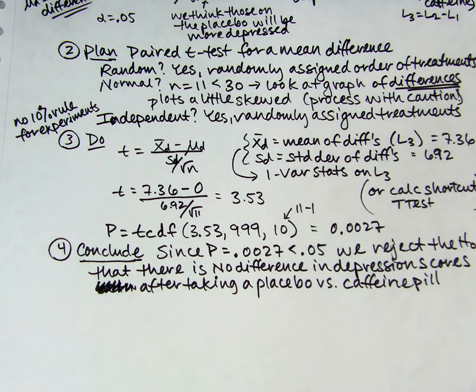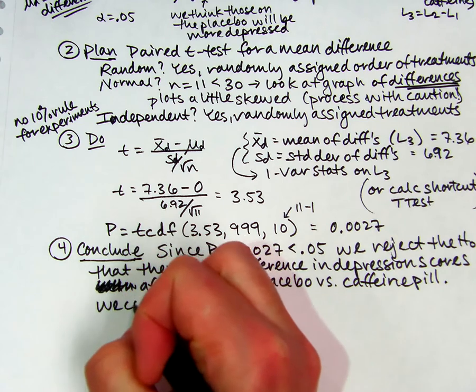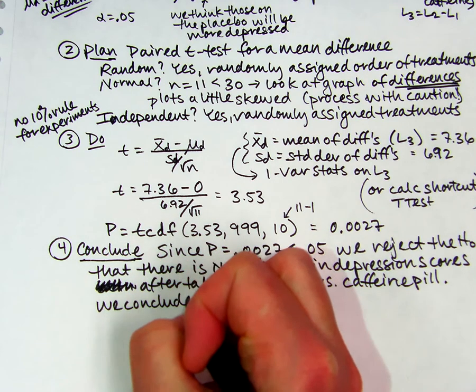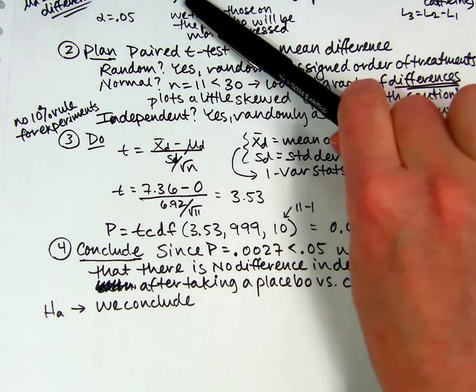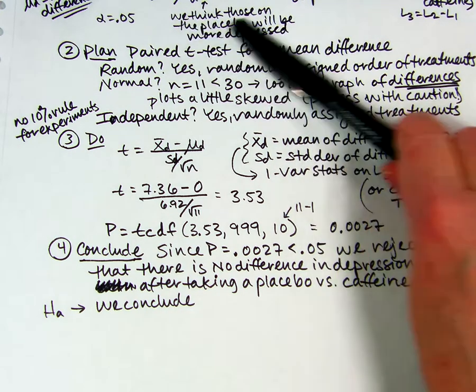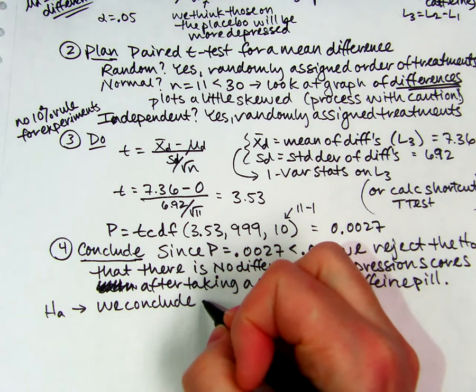And the alternate is what we're concluding is true. We conclude, and you write a statement about the alternate that says that the difference is greater than 0, that people are more depressed on the placebo, or people are less depressed after taking caffeine. That's what we're going to conclude.